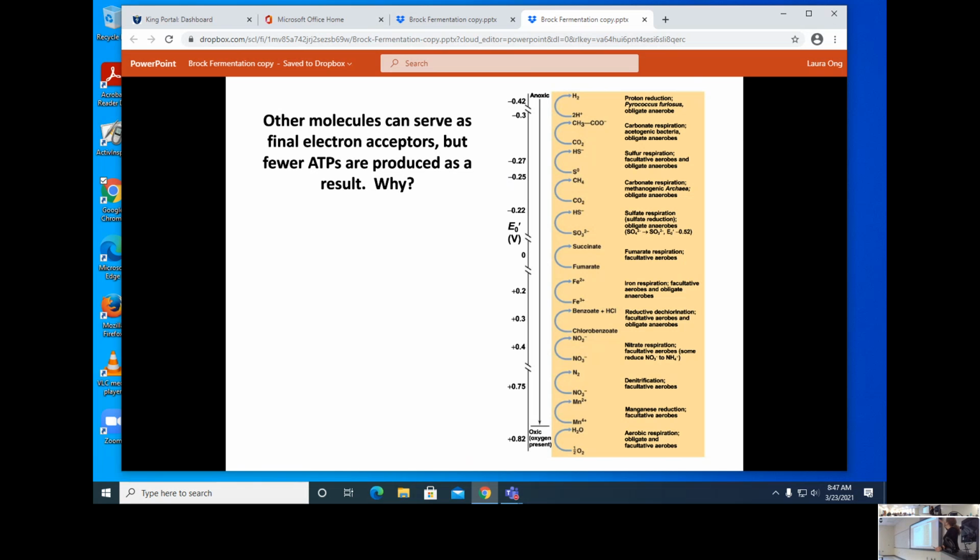So over evolutionary time, the ability to pass electrons onto oxygen essentially lets the organism wring more energy out of the electrons and have a final heave of worn out electrons onto oxygen and not these others. So if an organism can run aerobic respiration and put electrons onto oxygen, that's going to end up making more ATP.